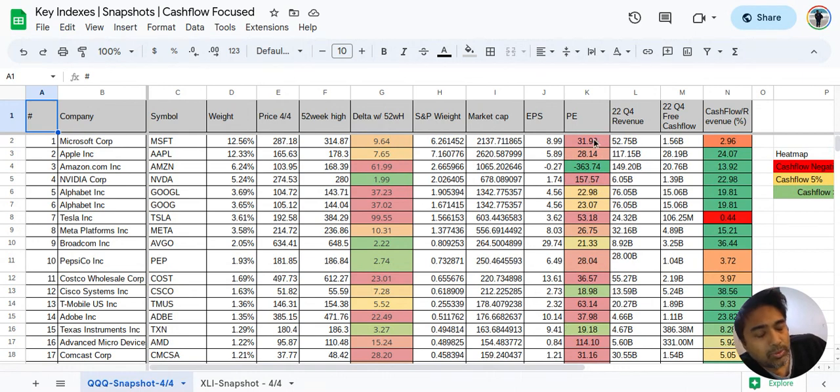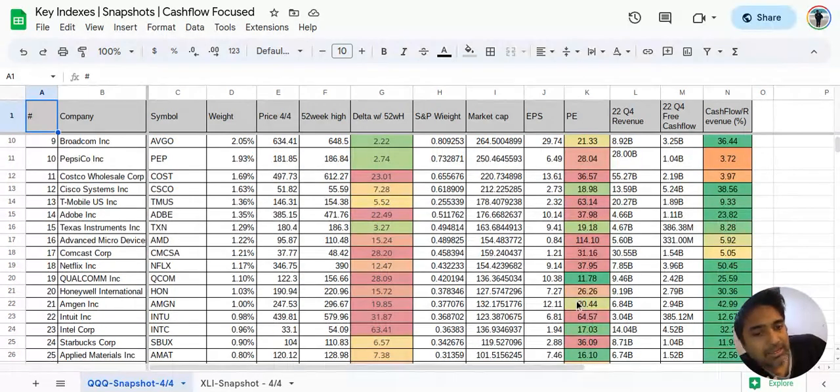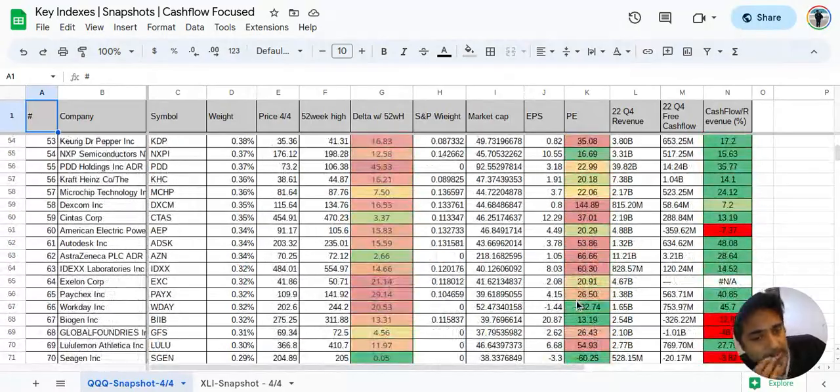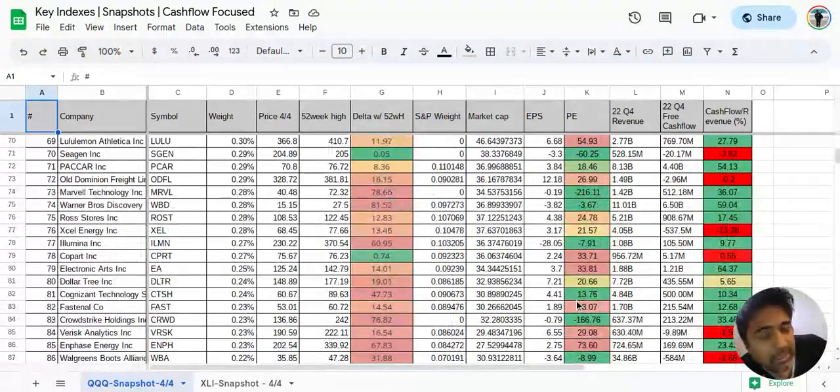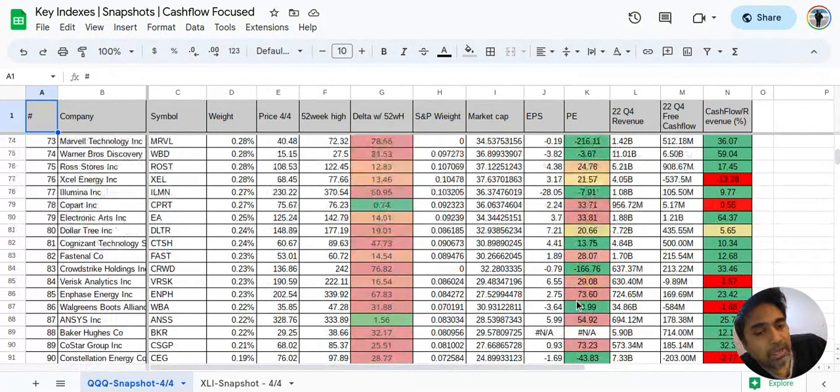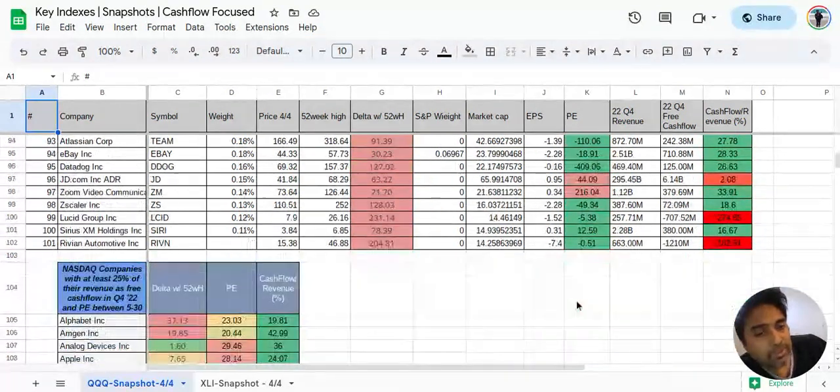Obviously QQQ is a growth-based index in NASDAQ, and in a growth-based index, you want to pay more multiple or PE. So all the Nasdaq companies have a higher PE compared to S&P. For S&P, you'll see 13, 14, 12, that kind of PE for most companies except technology.